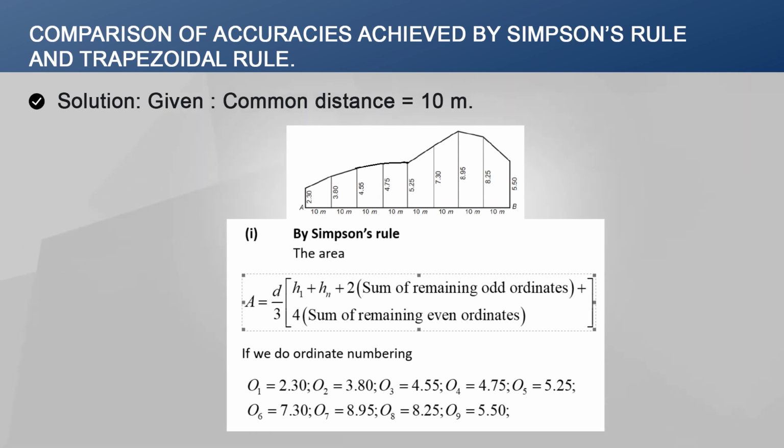So, the offsets given in this particular question can be numbered as O1 is 2.3, O2 is equal to 3.8, O3 is equal to 4.55, O4 is equal to 4.75, O5 is equal to 5.25, O6 is equal to 7.3, O7 is equal to 8.95, O8 is equal to 8.25, O9 is equal to 5.5.